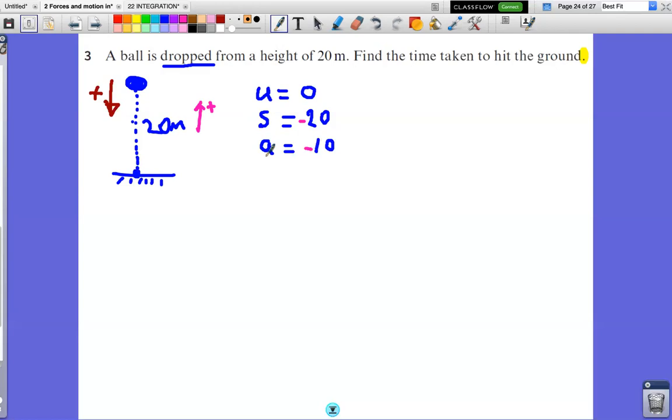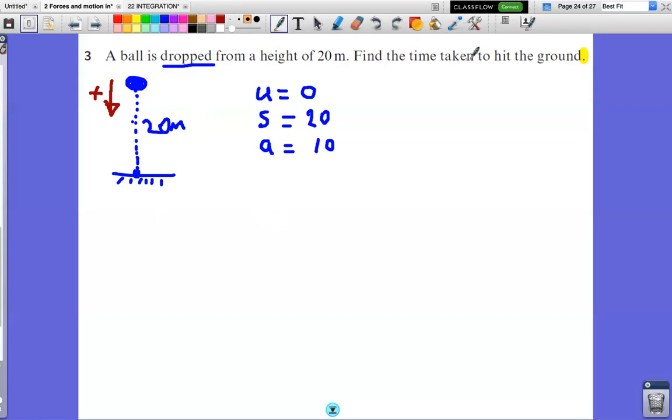And this quantity will also be negative. Then all your calculations will give you the same thing. If you are asked to calculate, say, the velocity with which it hits the ground, your velocity will be negative in that case. But since I choose positive for downward direction, if I find my velocity with which it hits the floor, it will be positive because the direction of the velocity will be downwards.